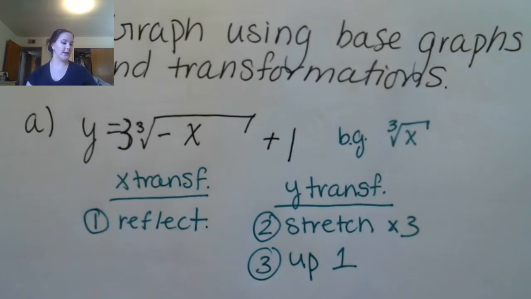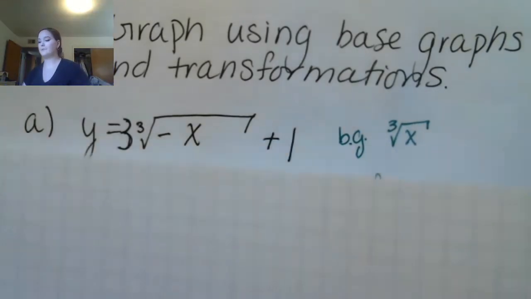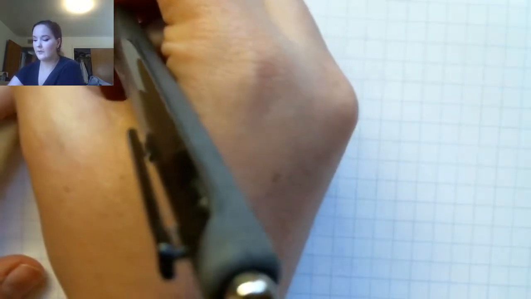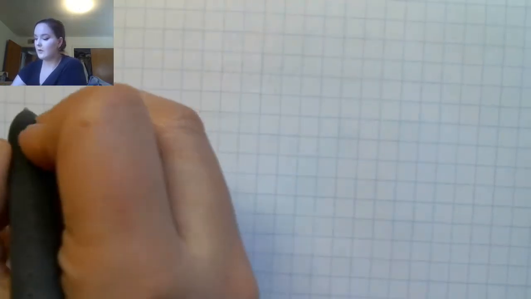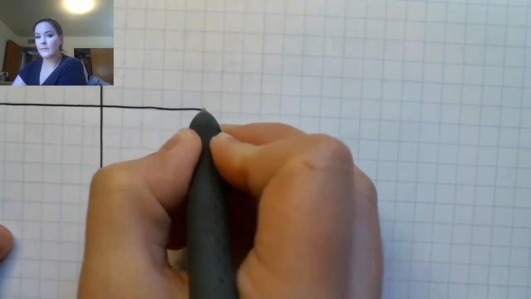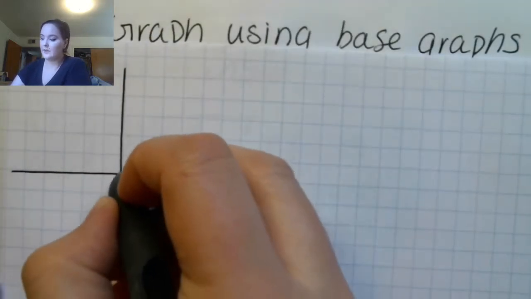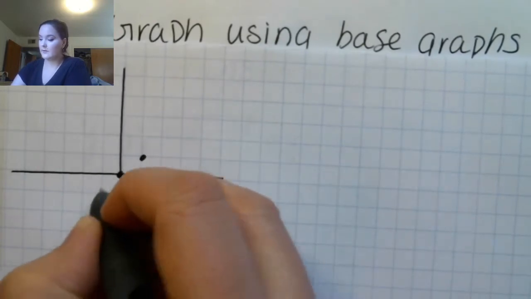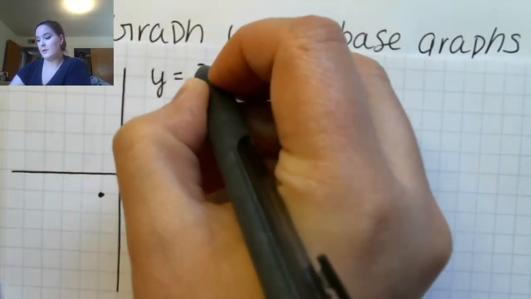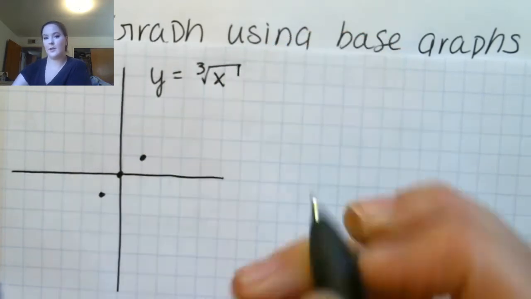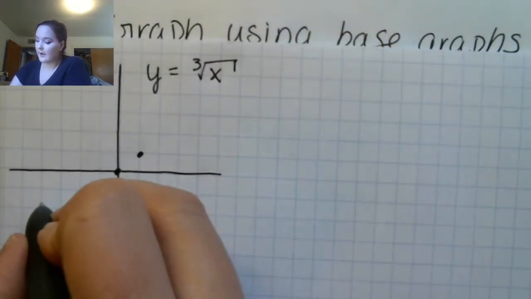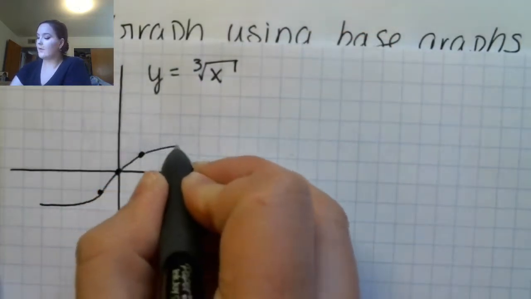So let's look at our graph. First we are just going to look at our base graph, which is the cube root graph. It's going to look like this. Label it cube root of x. So we have this shape.